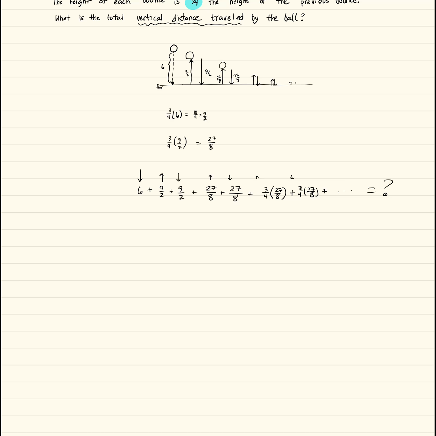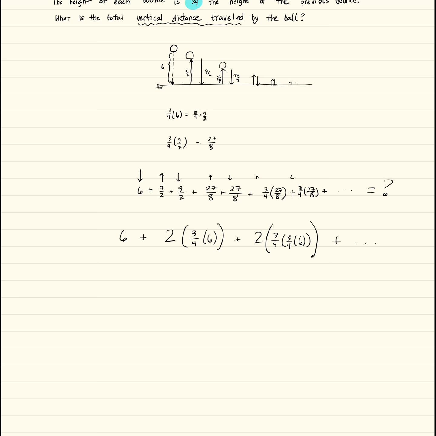Okay. Now, first thing we should do is separate it, because we've got 6 plus 2 times 3/4 of 6, plus 2 times 3/4 of 3/4 of 6, plus dot dot dot.